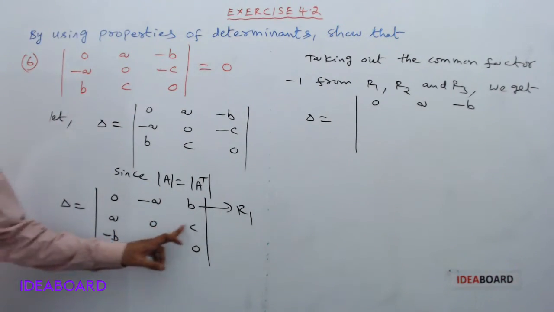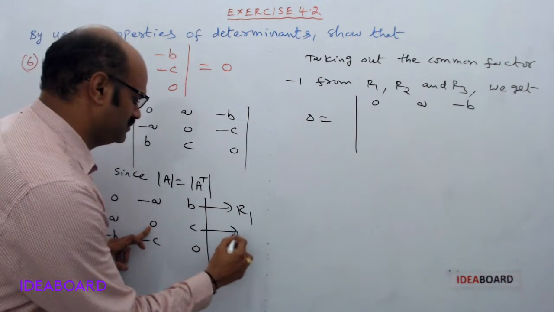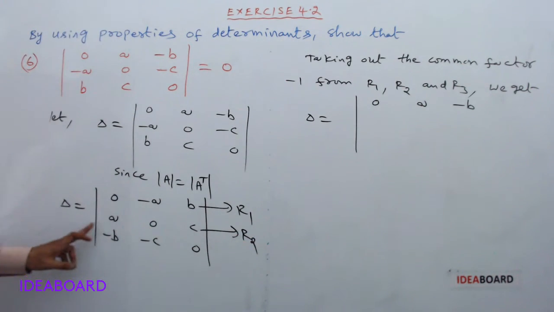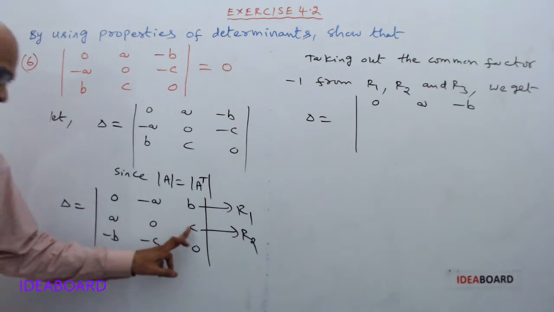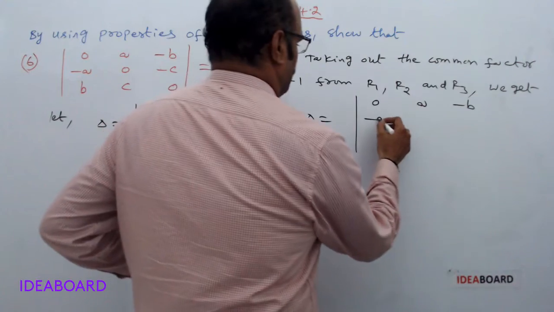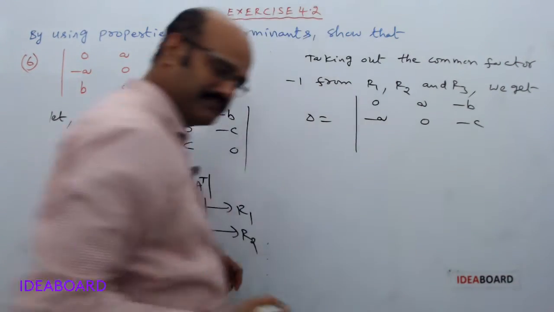Next, take minus 1 from R2, we have minus a 0 minus c.